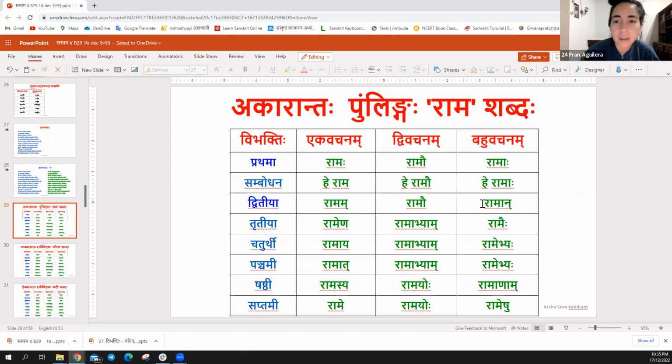Akaranta Pumlinga Rama Shabdaha. Prathama Ramaha Ramau Ramaha. Sambodhana He Rama He Ramau He Ramaha. Dvitiya Ramam Ramau Raman. Tritiya Ramena Ramabhyam Ramaihi.